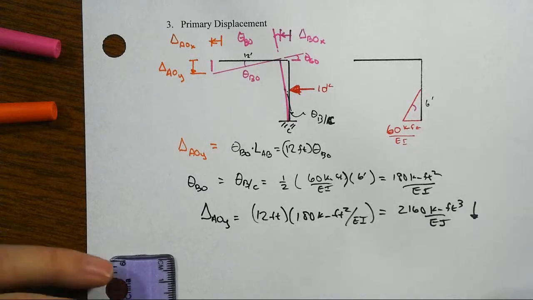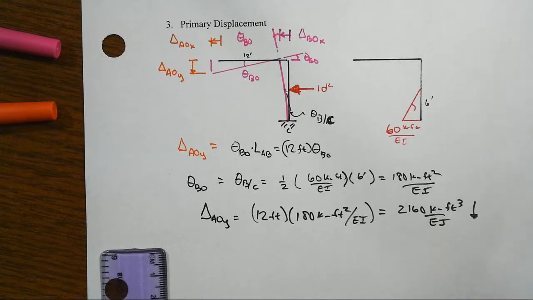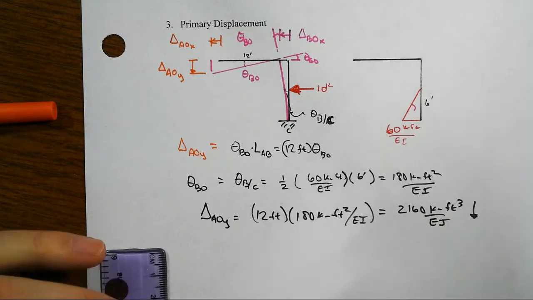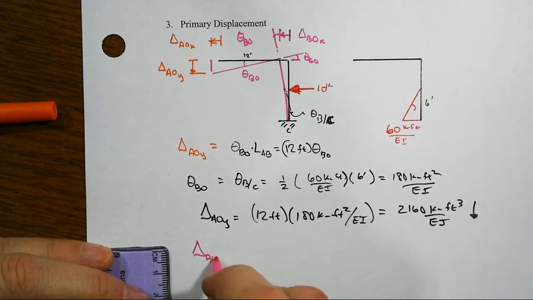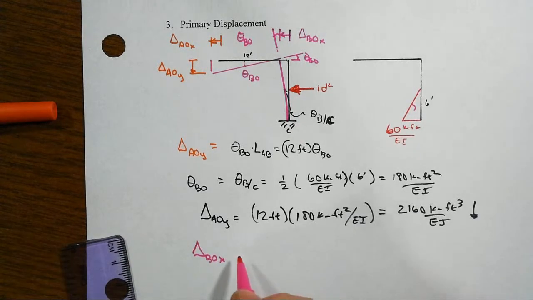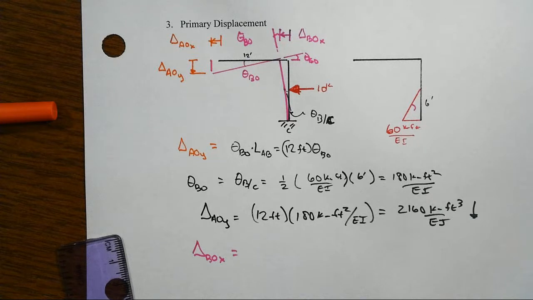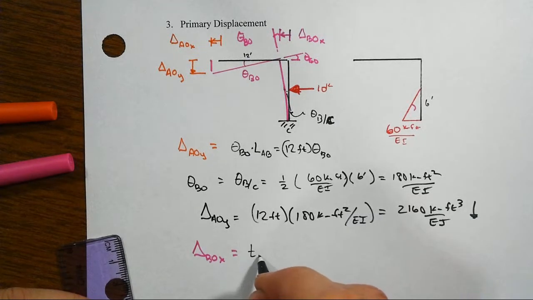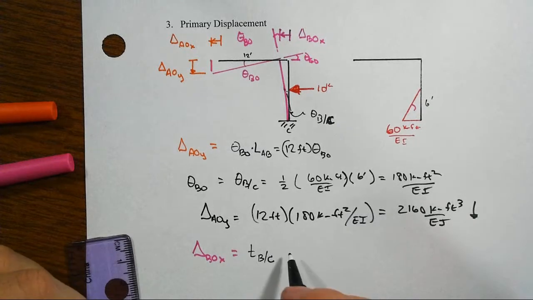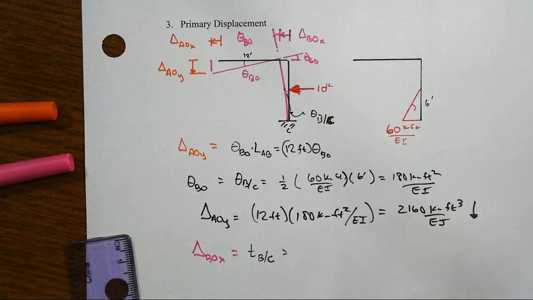Now, because it's going to be useful later for us, and I'm going to look ahead, I'm going to go ahead and calculate delta B0x as well, and note that it's going to be equal to the tangential deviation of point B with respect to C in this specific case.